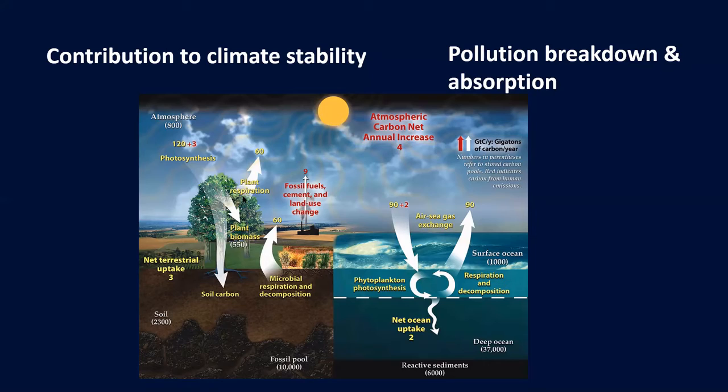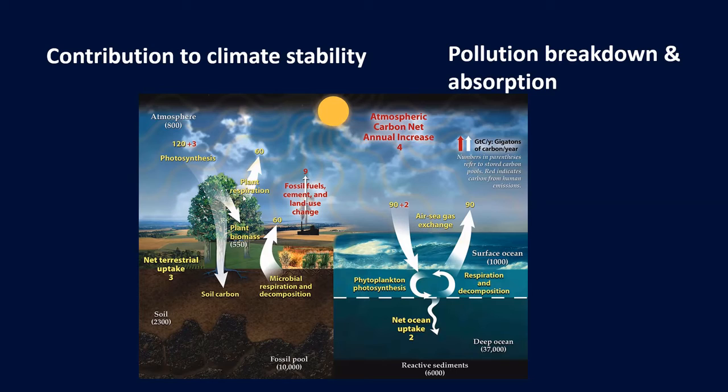Whatever excessive carbon dioxide is present in the atmosphere is absorbed by the plants, and that's how they sequester the excess carbon dioxide emissions that accelerate climate change, and that's how they reduce global warming, because increased carbon dioxide emissions in the atmosphere lead to global warming and climate change.